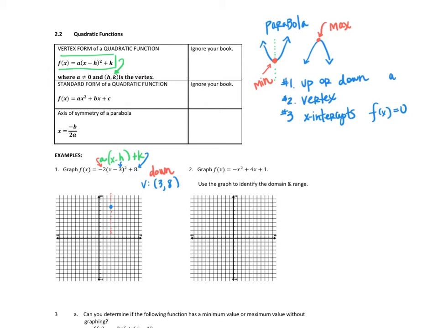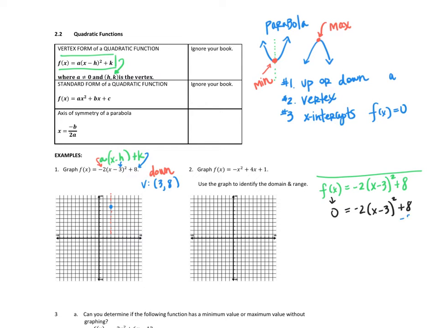So I'm going to do the work over here since I have more room. When your function is f of x equals -2 times the quantity x minus 3 squared plus 8, if you're wanting to find your x-intercepts, you can just plug in 0 for that f of x. And then you're just solving your equation like you normally would.